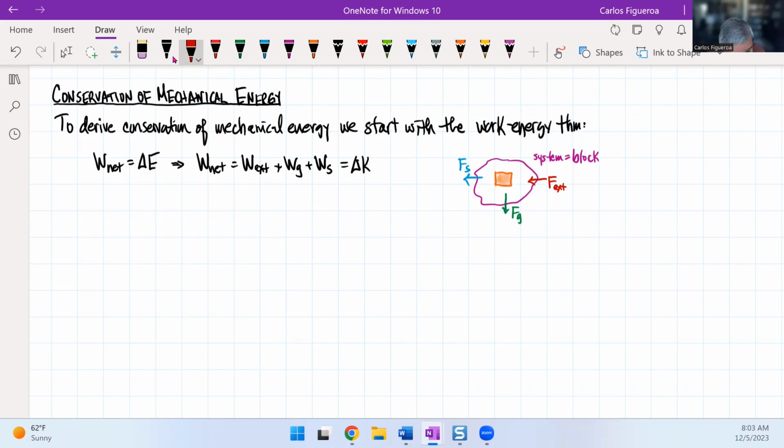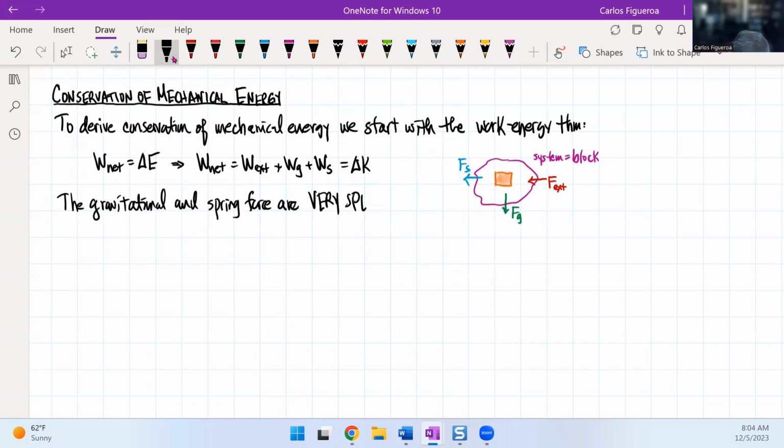But there's something really special here. The gravitational and spring force are very special forces, since their work can define a potential energy function.